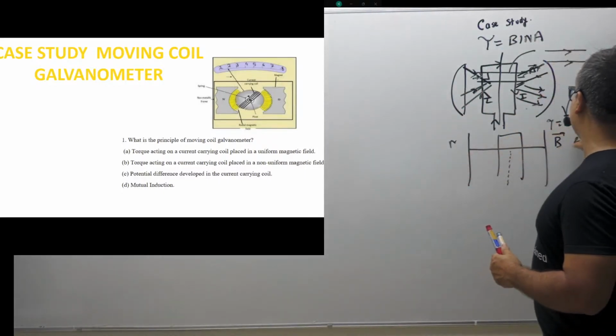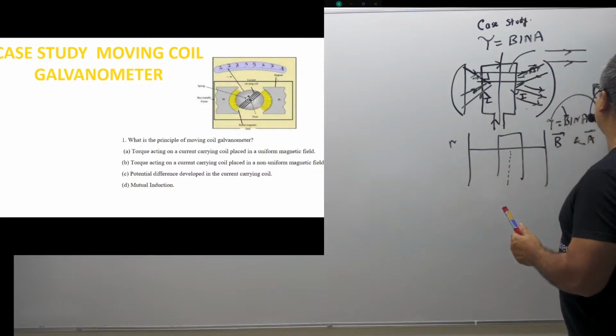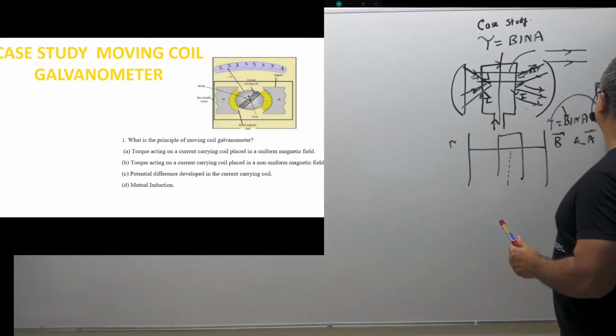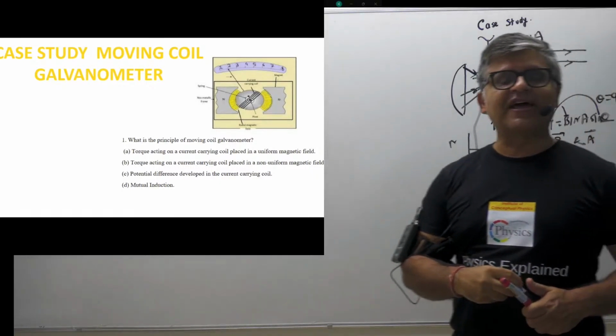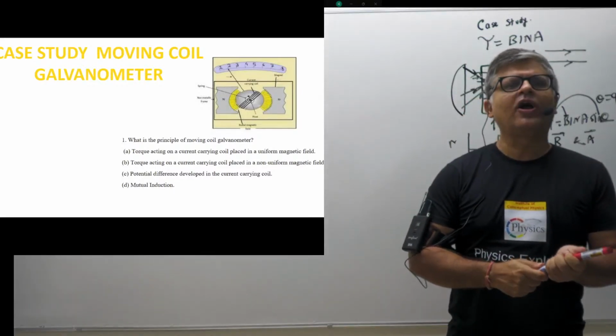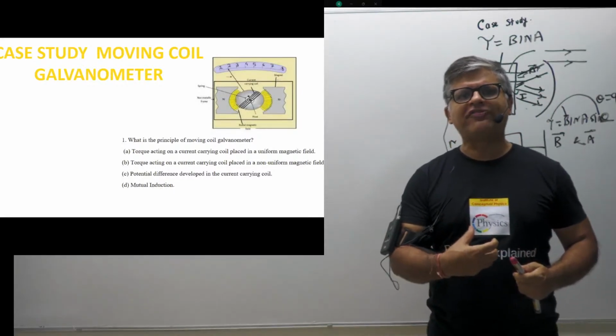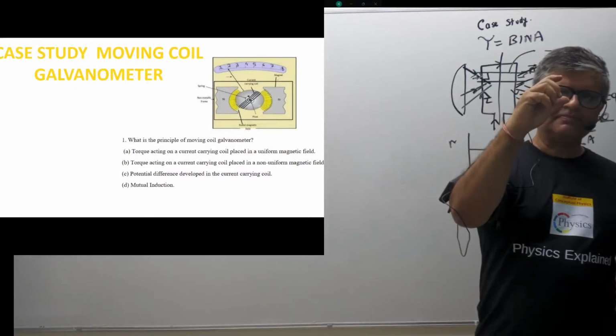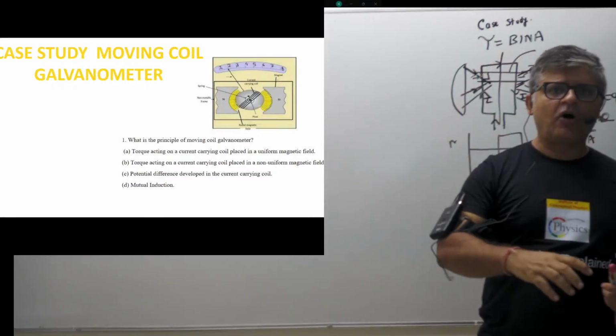So the torque will vary as per theta, but it does not vary because we always keep theta equal to 90 degrees. Very important discussion, very important point. The field inside the moving coil galvanometer, because of use of the radial field, is uniform always, right?